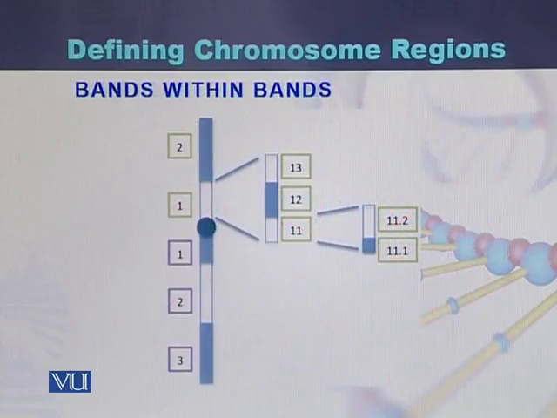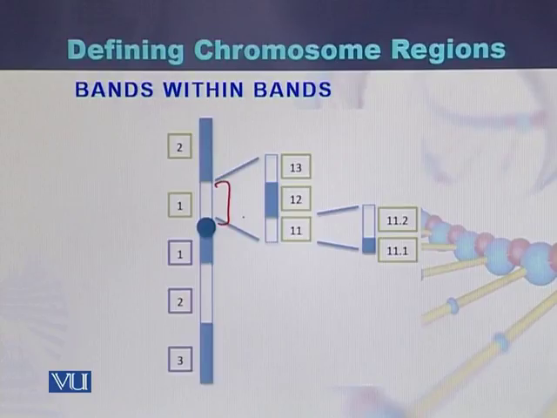We can see that bands are present within the bands. Just to understand how bands are present within the bands, if this is a band, here we cannot see further fragments which are present in this band. But when we magnify under the microscope, we will see that there are further bands within this band.